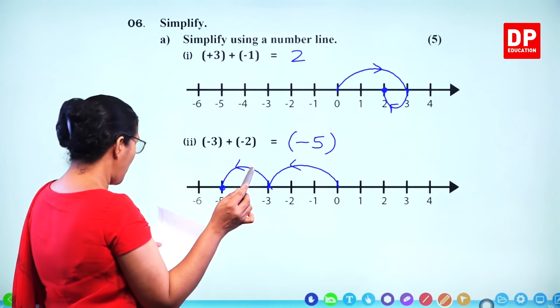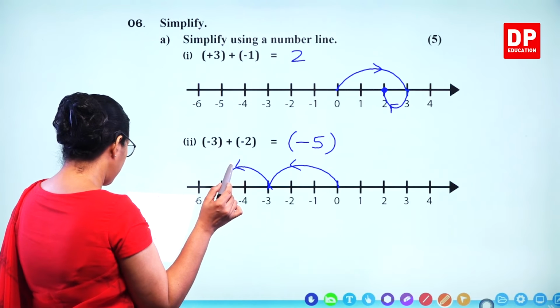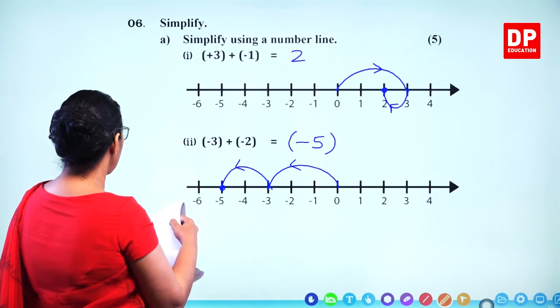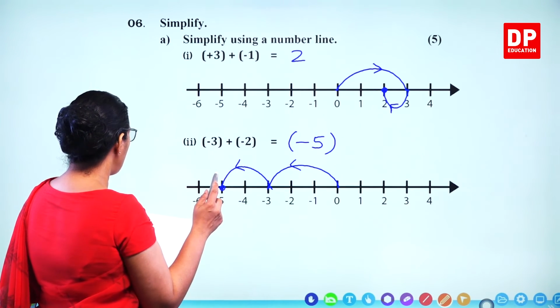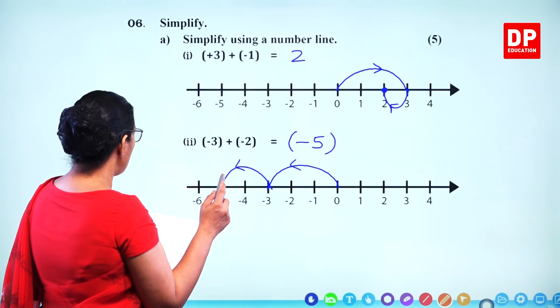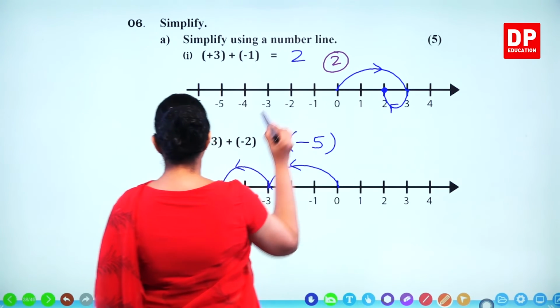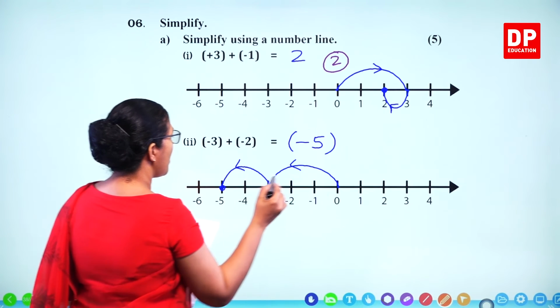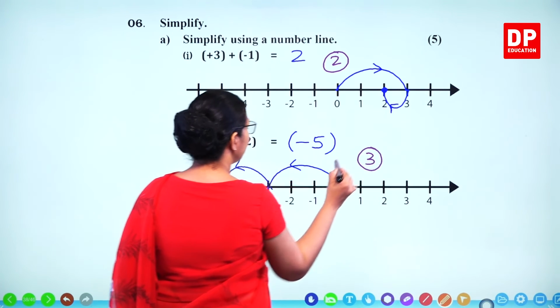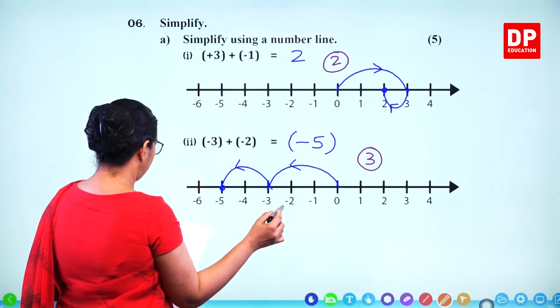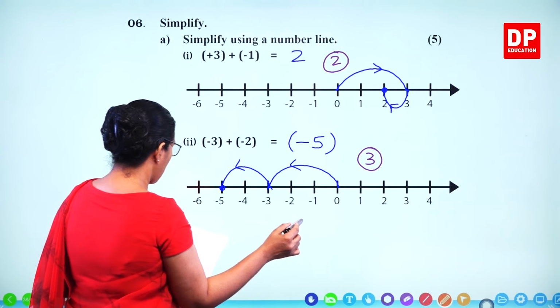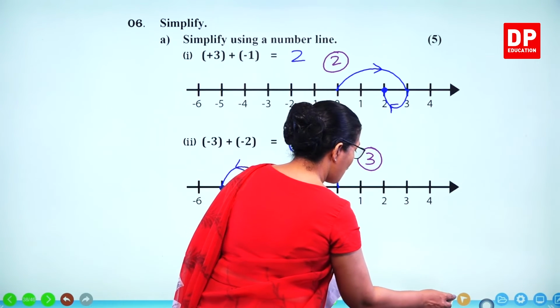So marks, 5 marks. How you get 5 marks? We'll give 2 marks here and 3 marks here. So 5 marks.